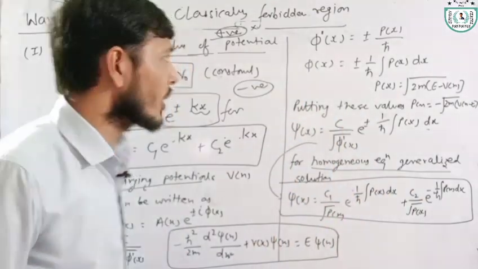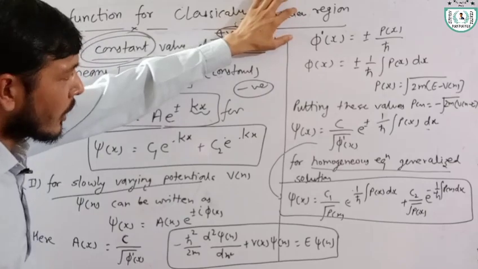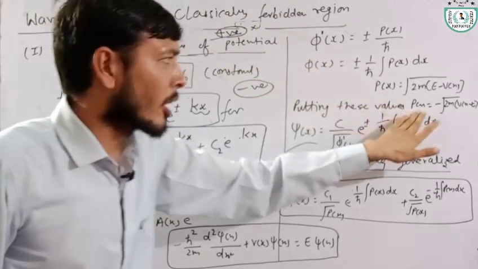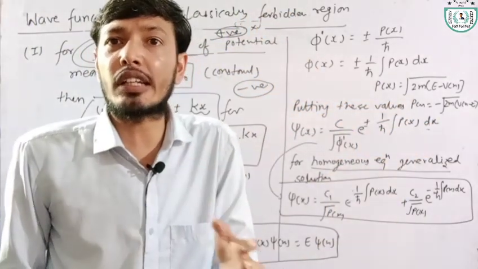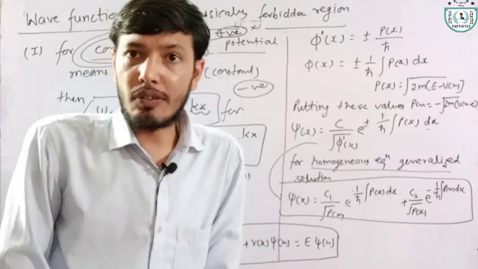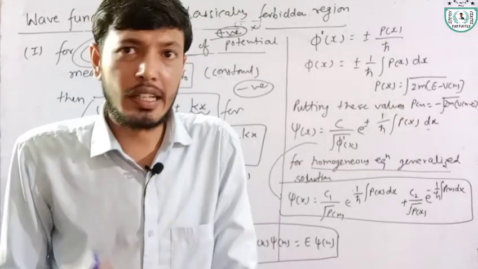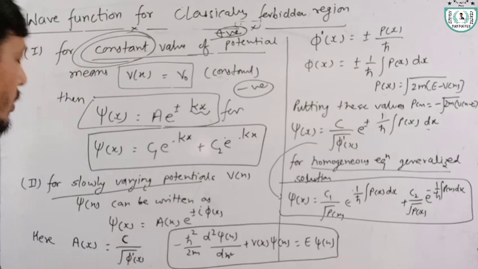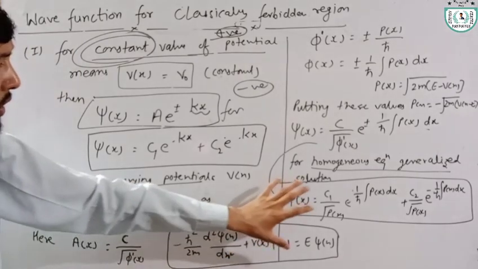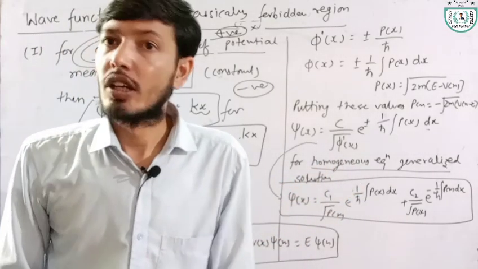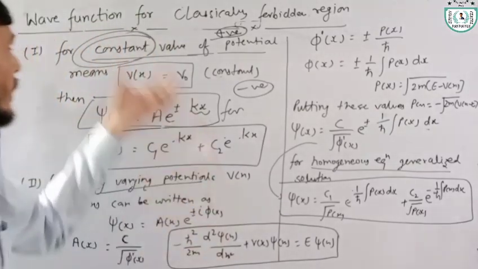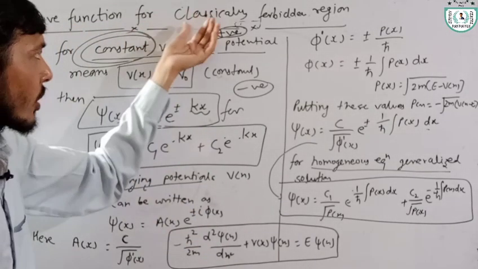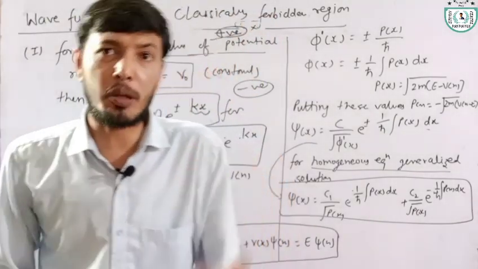Why? Because in the classically forbidden region, the value of kinetic energy is always negative. That's why the iota will not appear. This is the discussion about the wave function for the classically allowed region and the classically forbidden region.